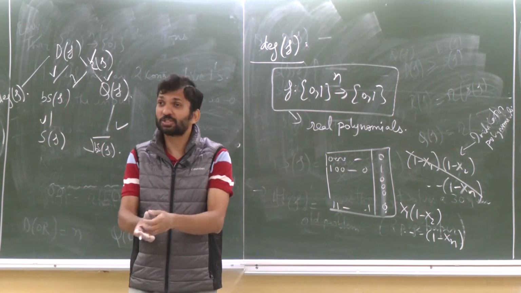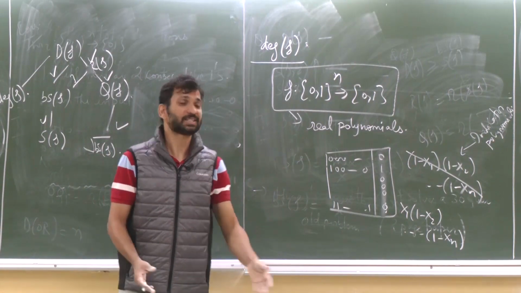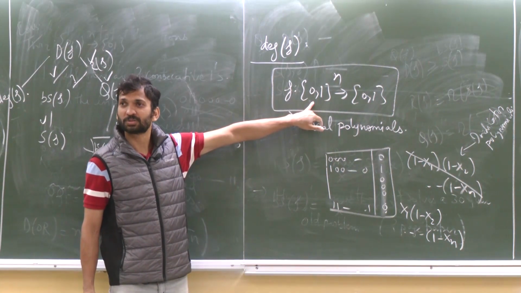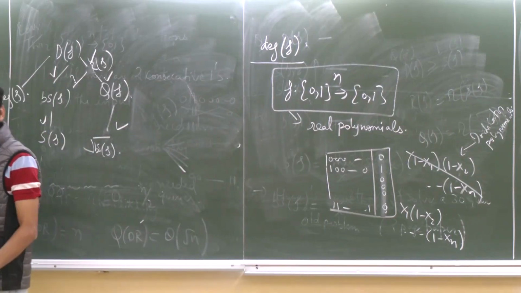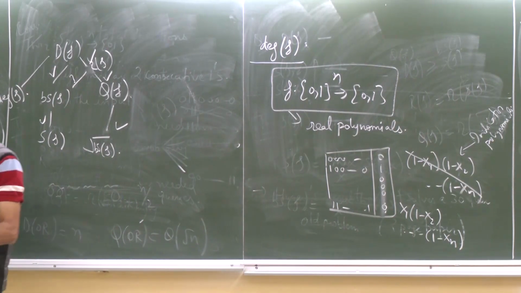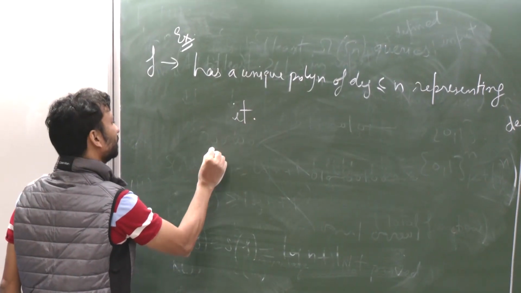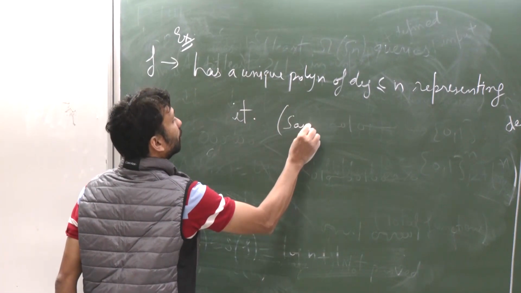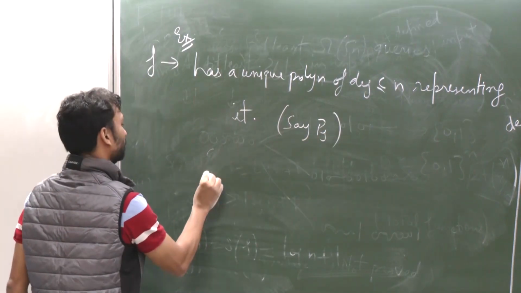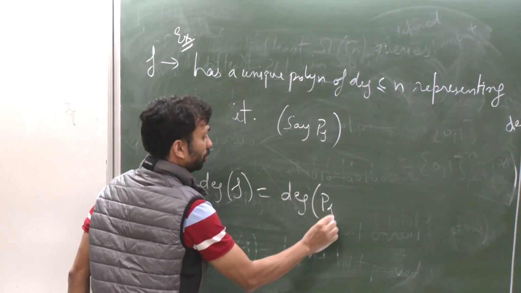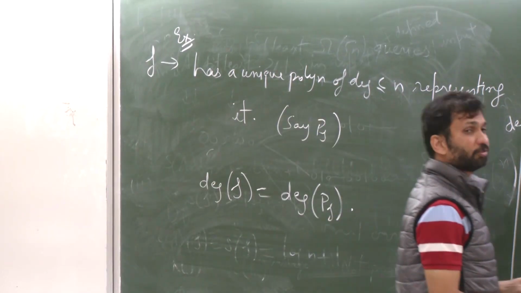You can show that cannot happen. A polynomial which is not 0, which has degree at most n, cannot be 0 on all 2 to the power n values. This I leave as an exercise. But this shows that f has a unique polynomial of degree at most n representing it, say Pf, and I define the complexity of f to be the degree of Pf.